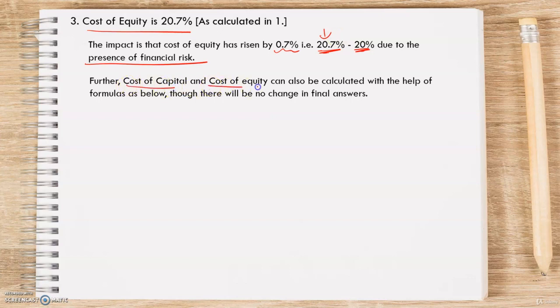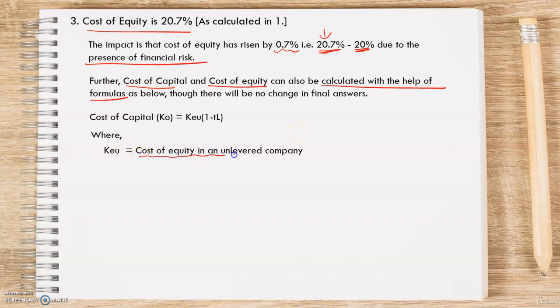The cost of capital and cost of equity can also be calculated with the help of formulas. Of course, there will be no change in the final answers. Cost of capital can be calculated like this: KO is equal to KU multiplied by 1 minus TL. Here, KU stands for cost of equity in an unlevered firm, T stands for the tax rate, and L stands for the proportion, basically debt divided by the overall value. So look at the formula now.